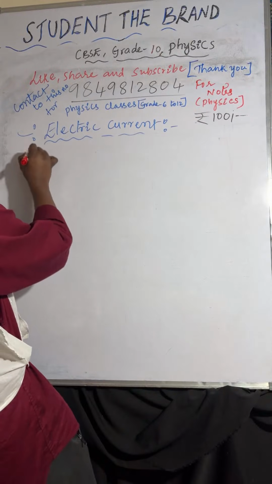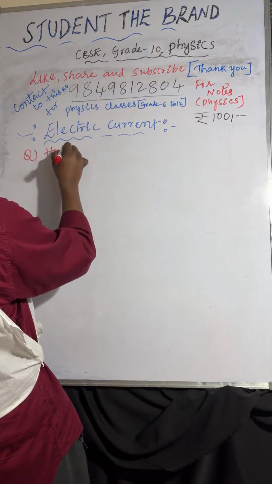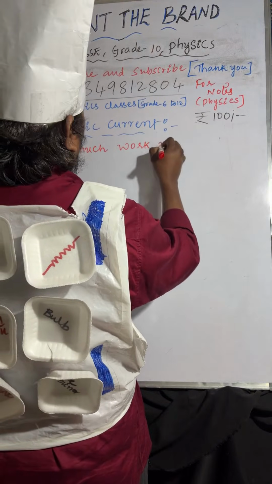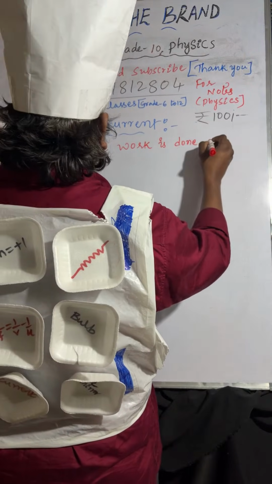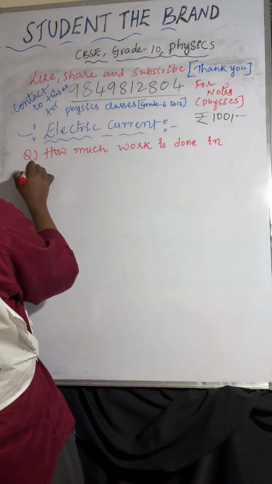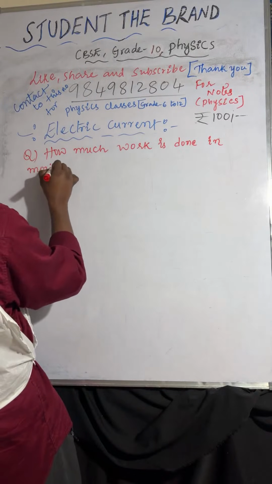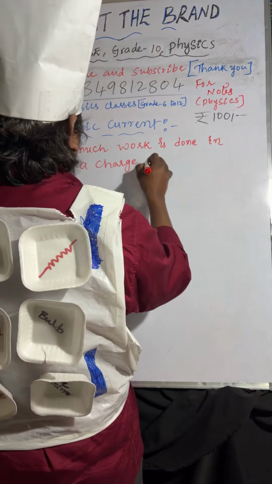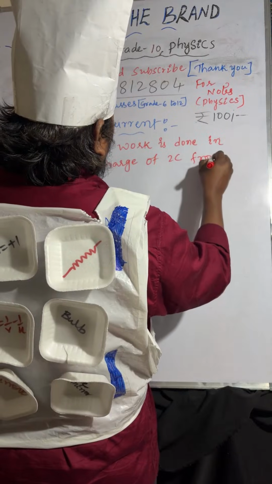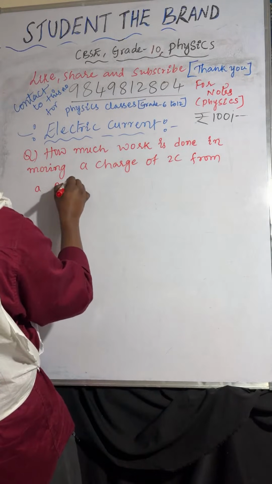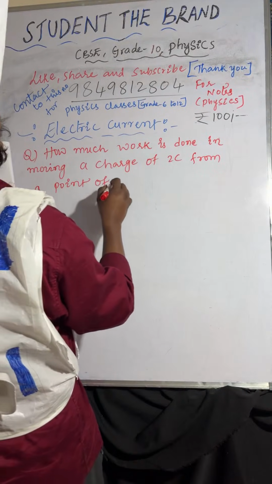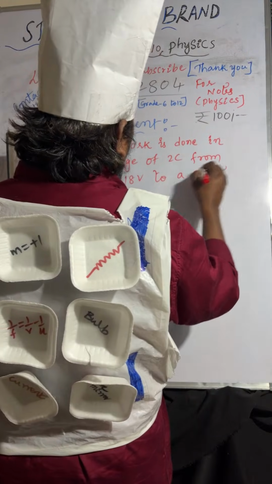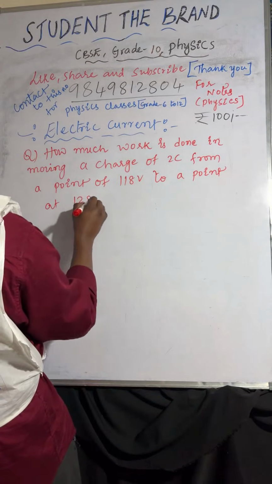Okay, so question number... moving a charge of 2 coulomb from a point of 118 volts to a point at 128 volts.